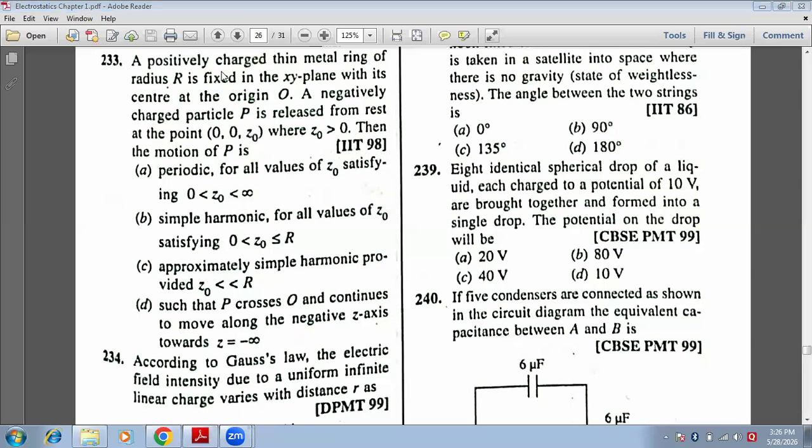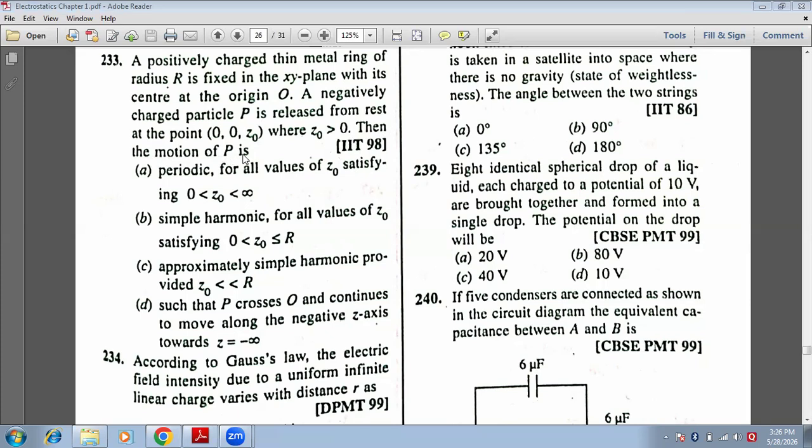A positively charged thin metal ring of radius R is fixed in the xy plane with its center at the origin O. A negatively charged particle P is released from rest at the point 0, 0, Z0, where Z0 is greater than 0.